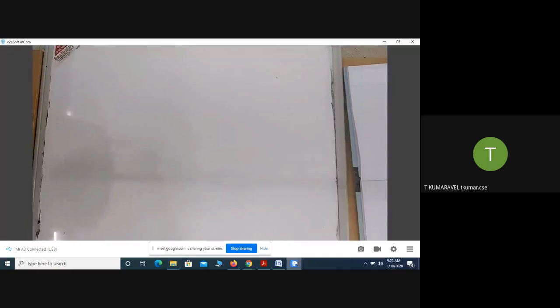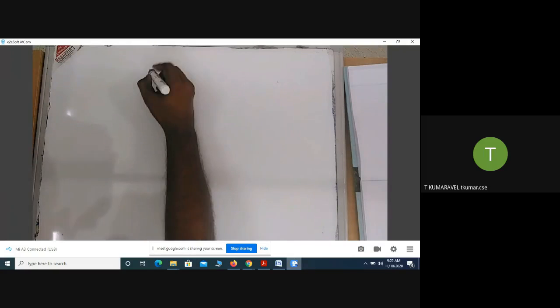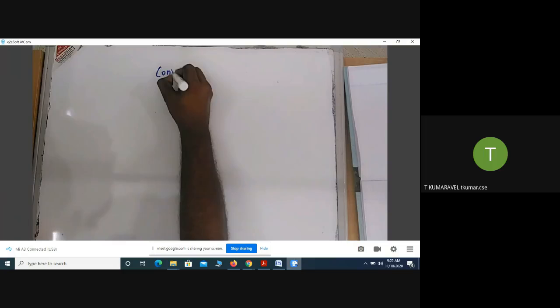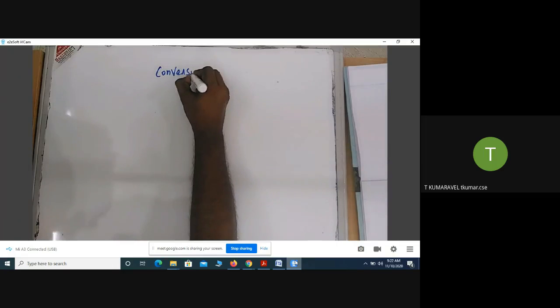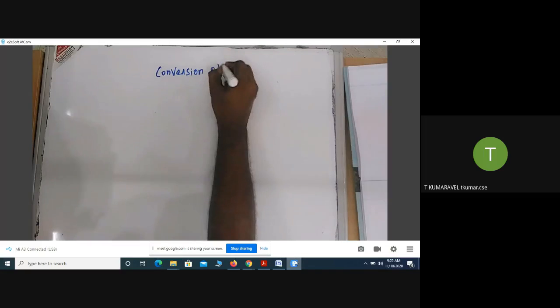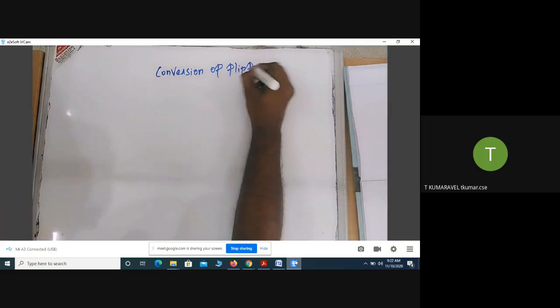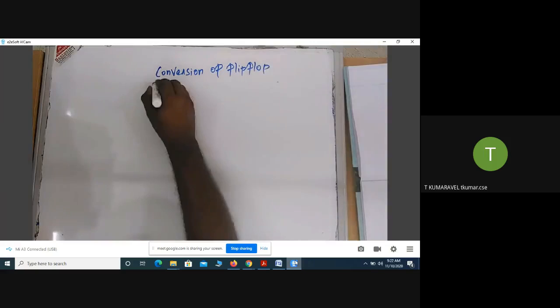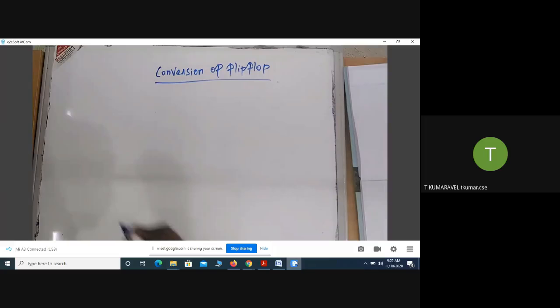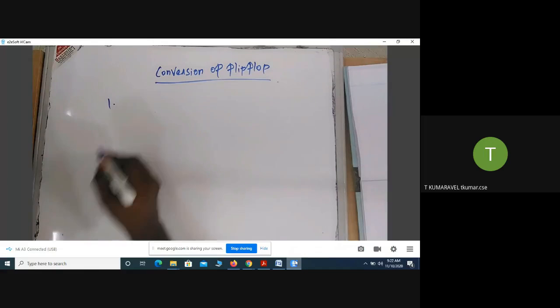Next one is the conversion of flip-flop. In order to perform conversion, you should follow certain guidelines. They provide two guidelines.